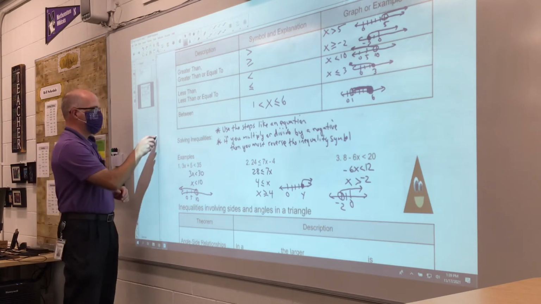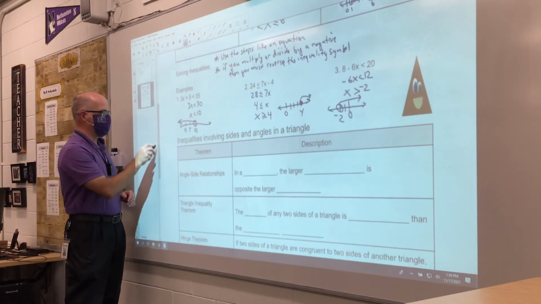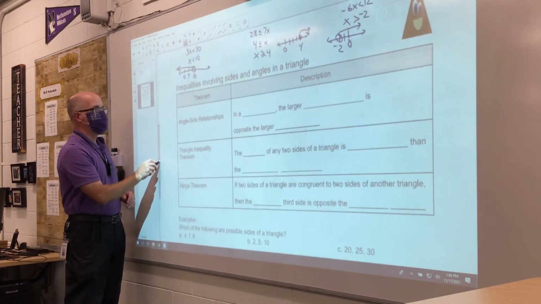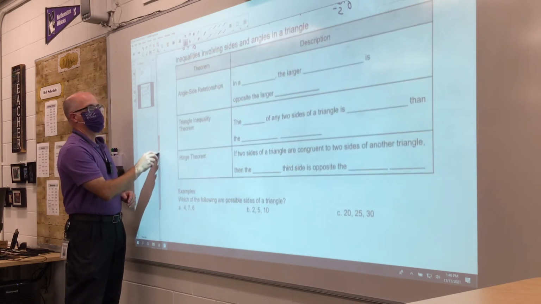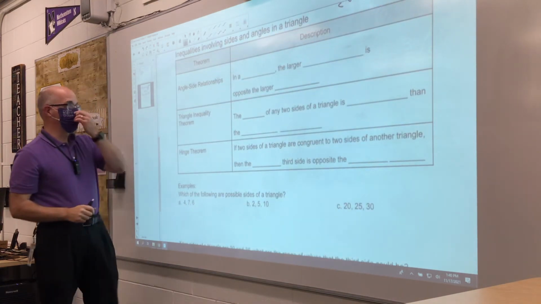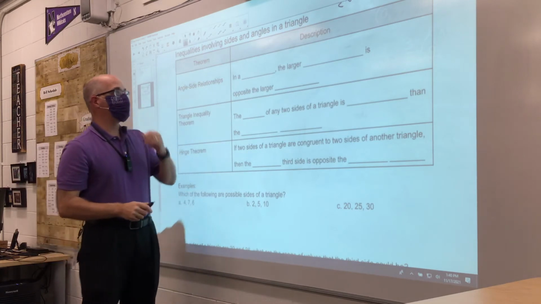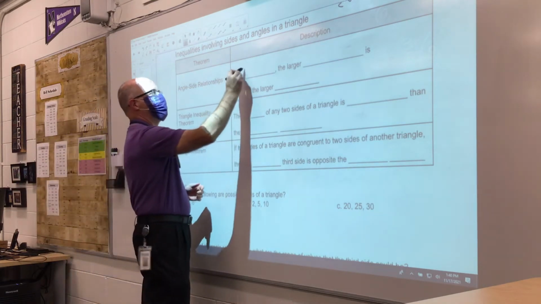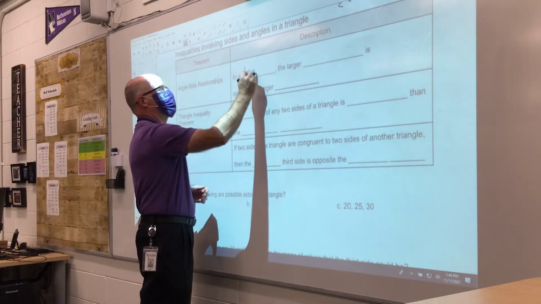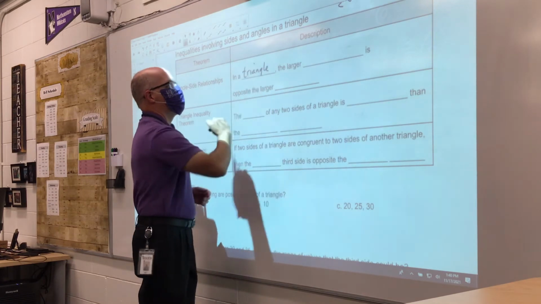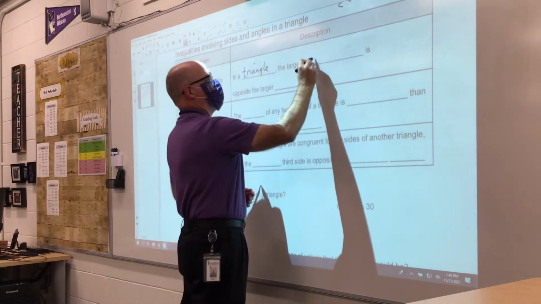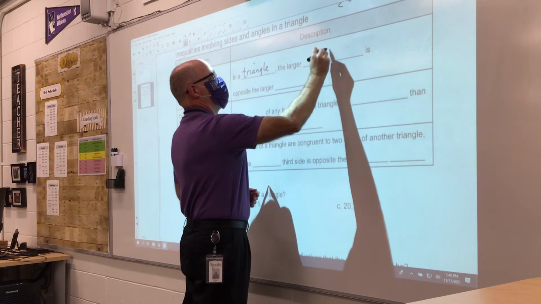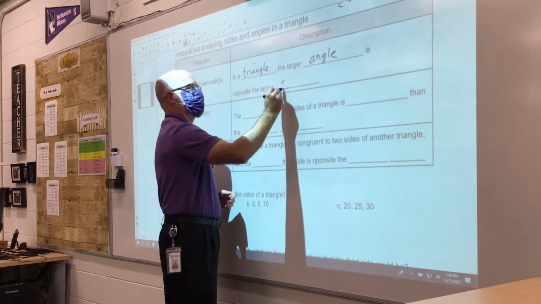All right, let's go down to this chart here. Here's some theorems that we're going to use. The angle side relationships. In a triangle, the larger angle is opposite the larger side.